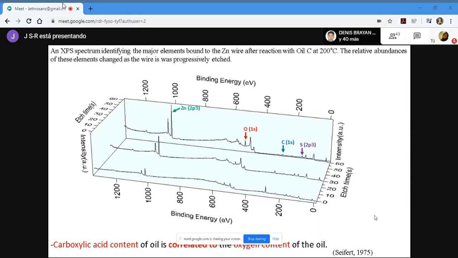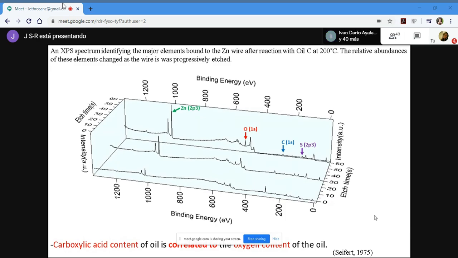Now, the XPS has a capability which allows you to etch or to remove layers of the wire sequentially using an argon ion beam. And what we found is that as we etch the wire and we remove the surficial compounds that are weakly bound to the surface of the wire, we expose the peaks that have a greater affinity for zinc.